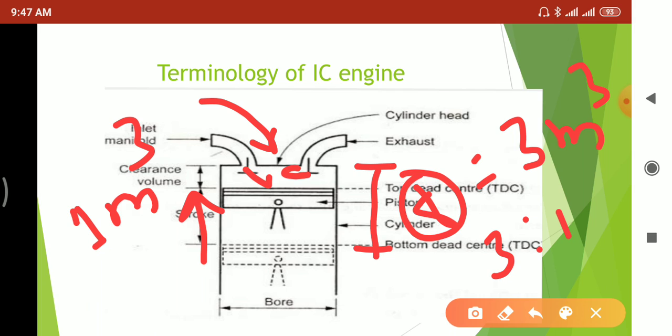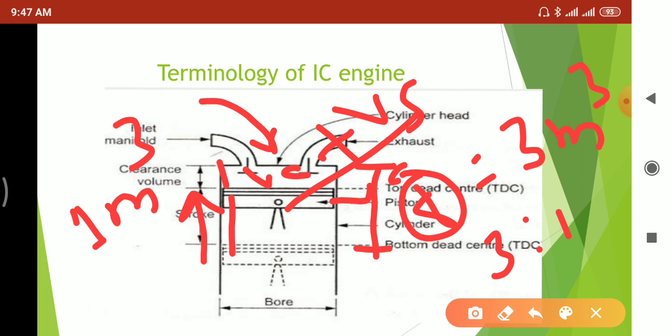So how much we compress the fuel, or you can say charge, in the cylinder before ignition takes place is called the compression ratio. That is equal to small r equals Vc plus Vs, meaning clearance volume plus swept volume, whole divided by Vc.